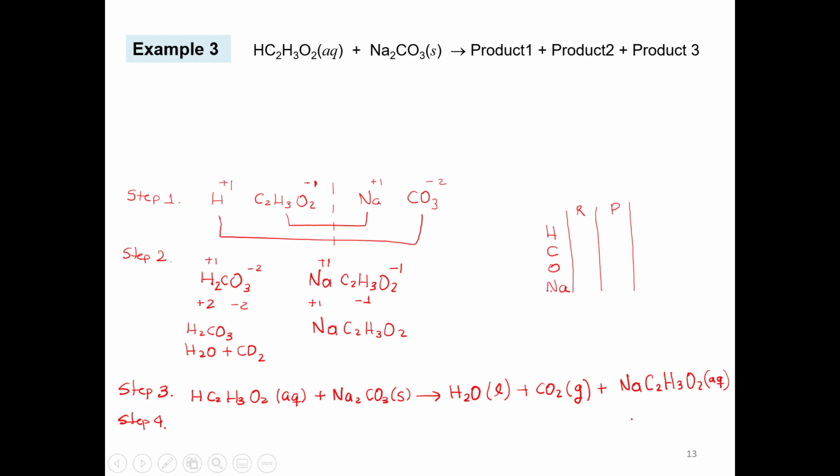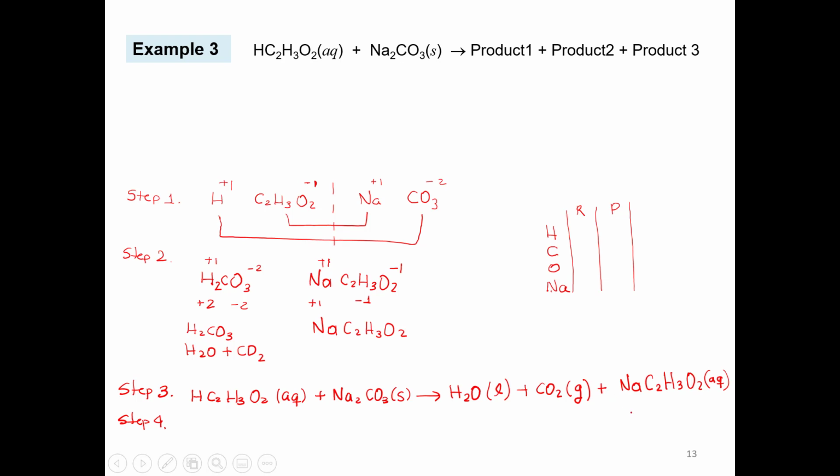Then in this situation it's better to start with another atom that is easier to balance. For example, in this case it will be easier to balance sodium because we had sodium in just one compound here and just one compound here. Then we need 2 sodiums on the product side because we had 2 sodiums in the reactant side.